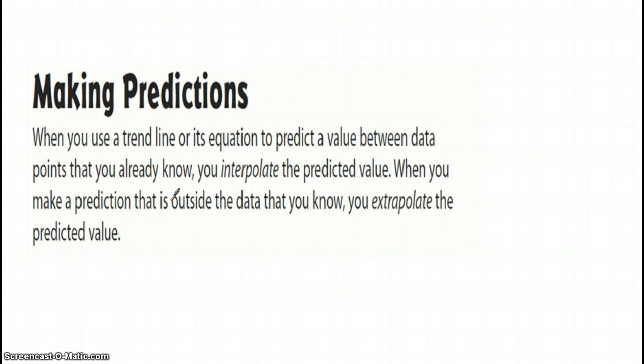Well, what do we mean when we talk about making these predictions? When you use a trend line or the equation to predict a value, and you predict these values between the data points that you already know, you interpolate the predicted value.